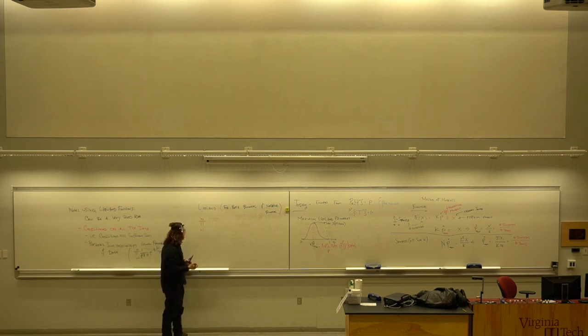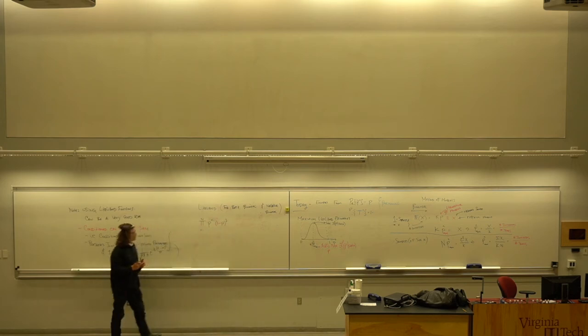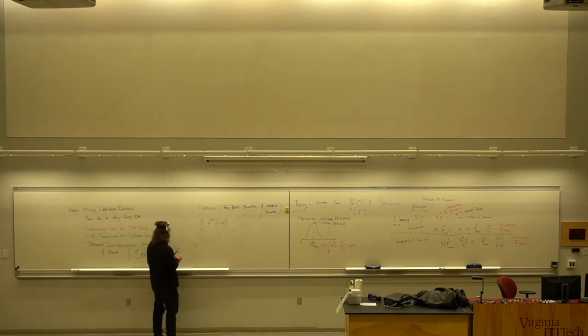I'll do the higher dimensional representation where I have n samples. This is going to be p to the xi, 1 minus p to the yi. I'll just write it out like that. This is going to be my likelihood function for p, given my data.